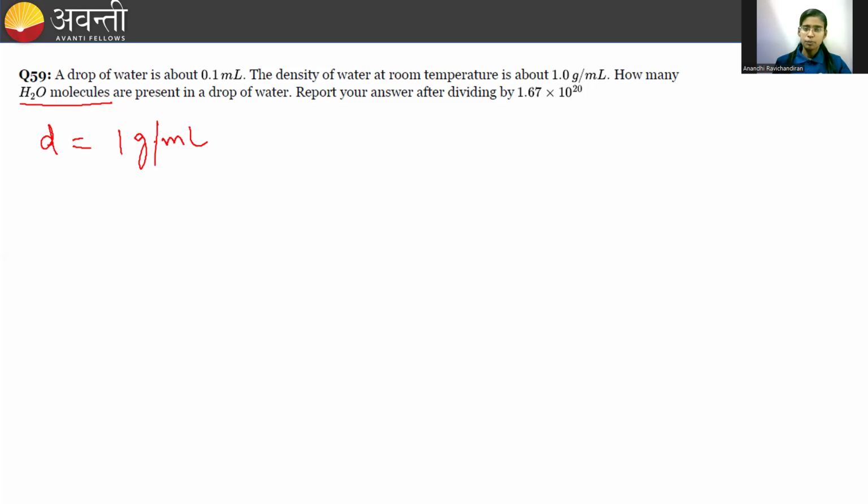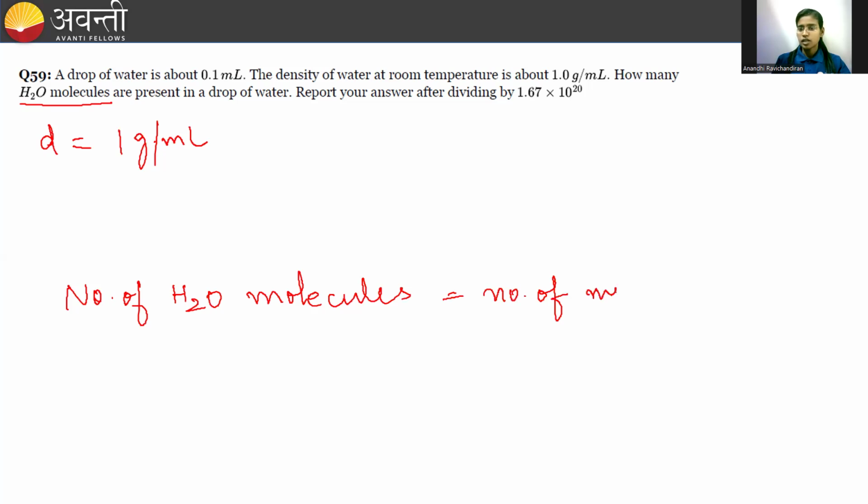To find out the number of H2O molecules, we need the number of moles and the Avogadro number. So this is the formula to find out the number of moles, and that's what we are asked to find out. Now, we know the Avogadro number, but we don't have the number of moles value in the question.